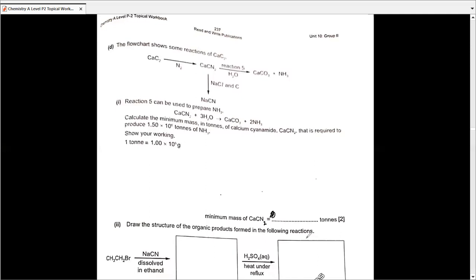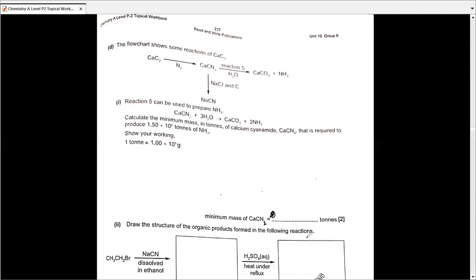7.5 into 10 raised to power 5. Can you tell me a little bit of the solution so that I can follow it too? For 1 mole of calcium cyanamide, we get 2 moles of ammonia.